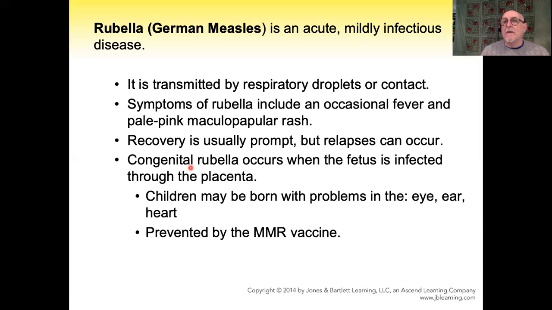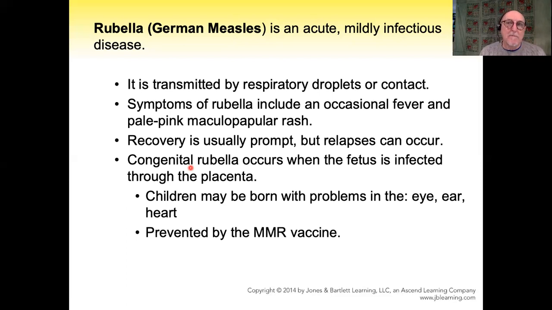In children, the recovery is usually rapid, but they can suffer several relapses. But that is not the big problem with rubella. The problem is that women who are pregnant, who acquire the virus, are in grave danger of impacting the fetus.